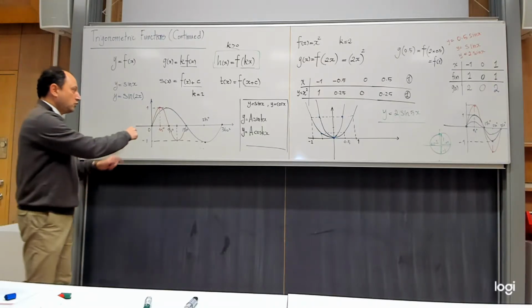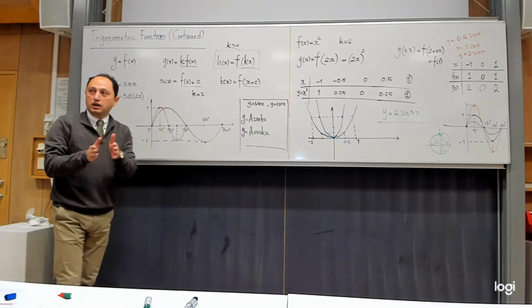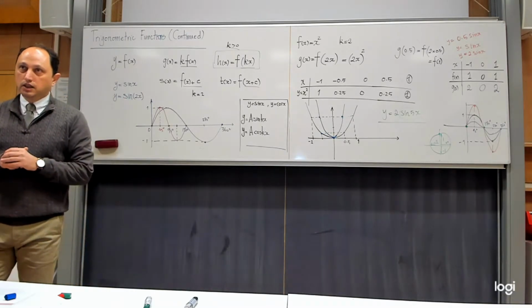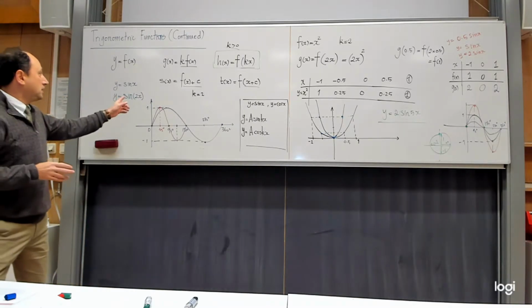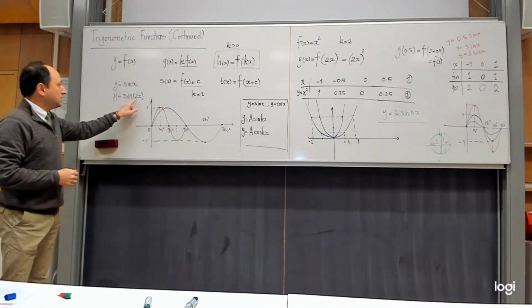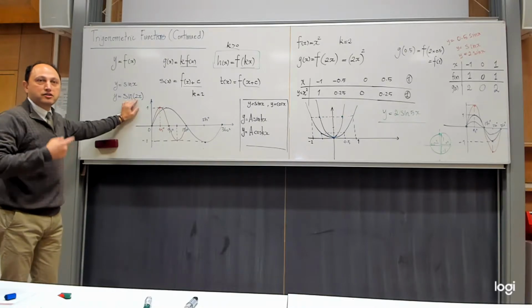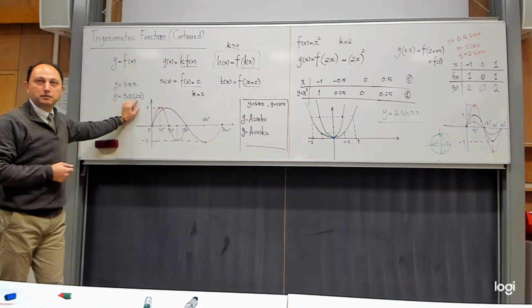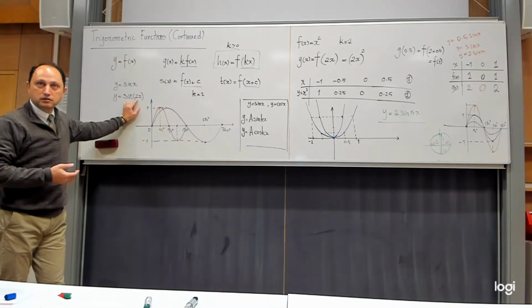Yes. The original period was 360 degrees. And then we multiplied this by 2. The period was 180. What do you think will happen if I multiply it by 3 instead of 2? What would be the period? 120, yes? Is that clear?